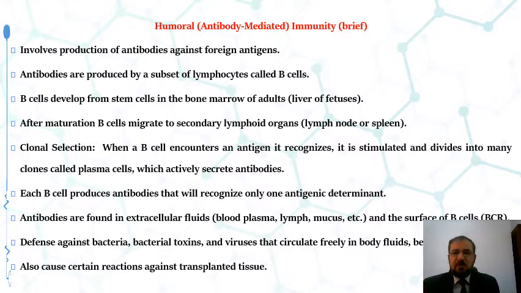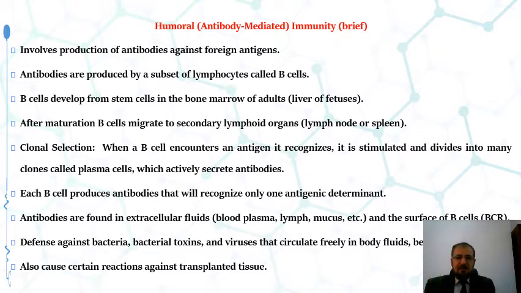One of the important events that happens to the B lymphocyte inside the bone marrow is the formation of the B cell receptor. The B cell receptor is a membrane-bound immunoglobulin composed of 4 protein chains. These are 2 heavy chains and 2 light chains.